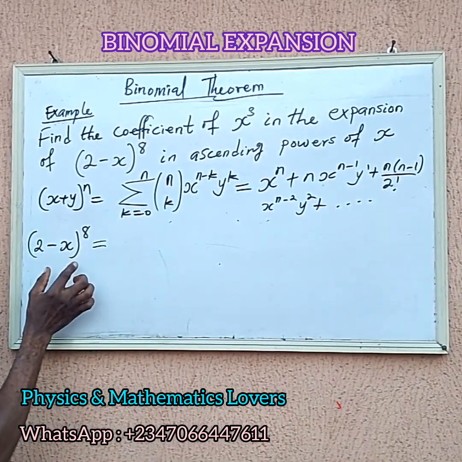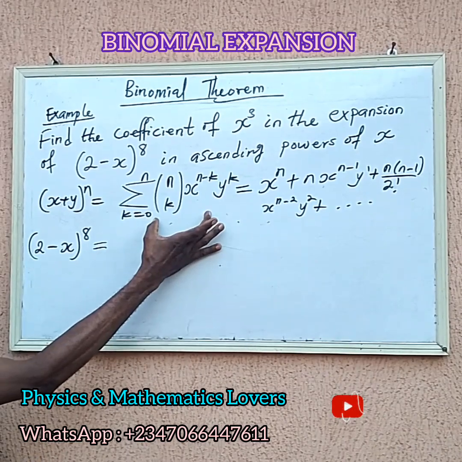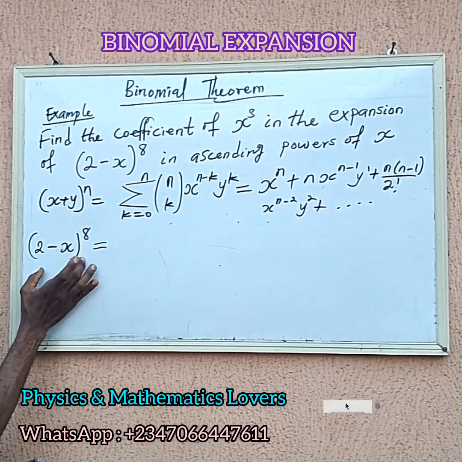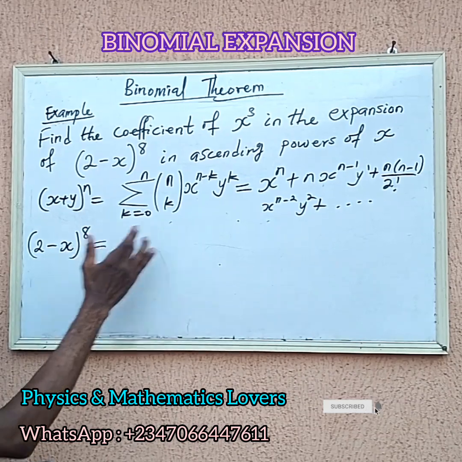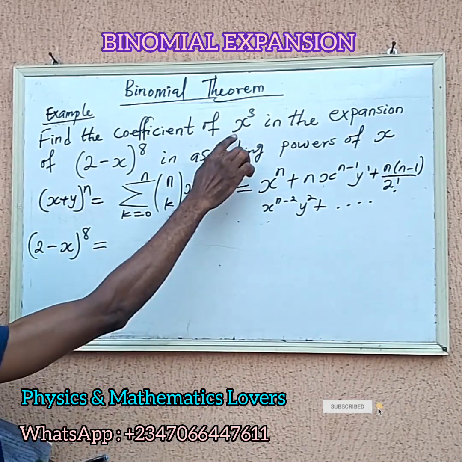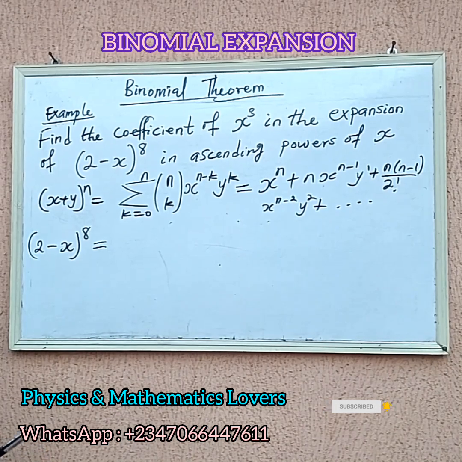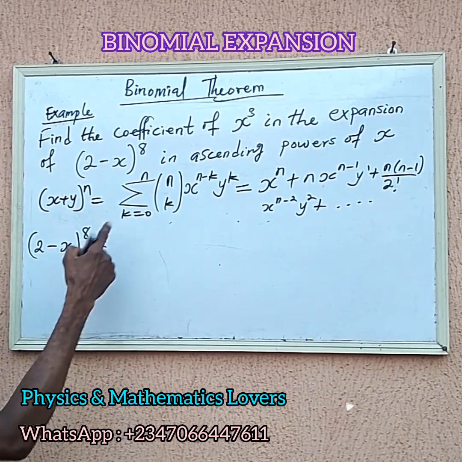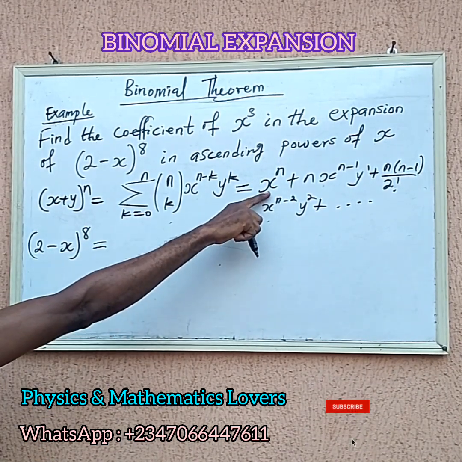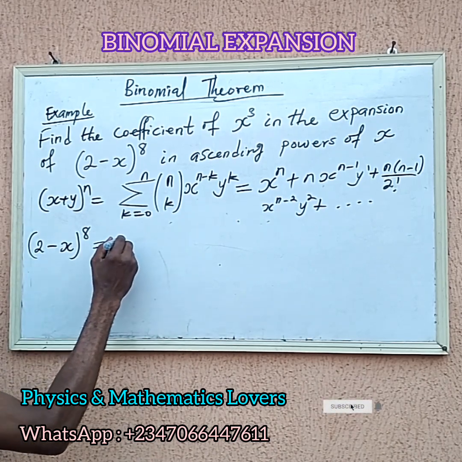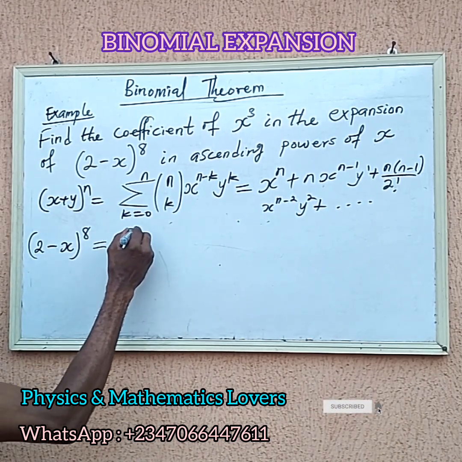Now let us apply this formula so that we can expand, and from there derive the coefficient of x raised to power 3. The first term: 2 will be raised to n, which means n is 8 here, so it's 2 raised to the power of 8.